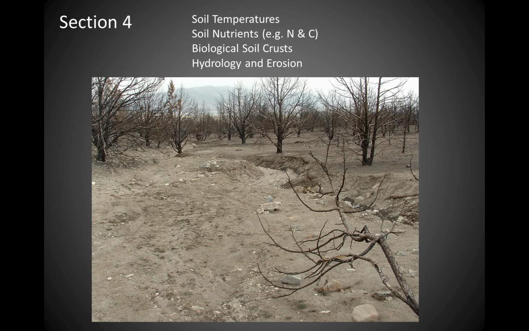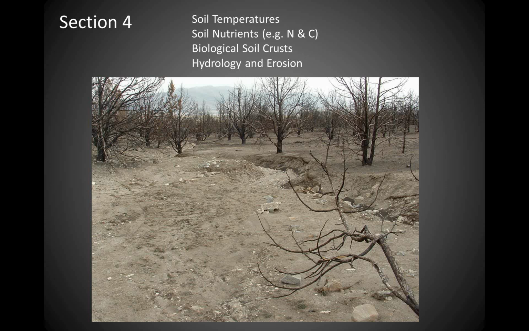Another major component besides the plants, this is something that Jason Williams and Fred Pearson helped a lot on, was section 4, and that gets down to soils. We broke these subsections into soil temperatures, just how hot do these surface soils get, and how quickly does that dissipate as you get down to, say, a half inch or an inch or several inches below the soil surface.